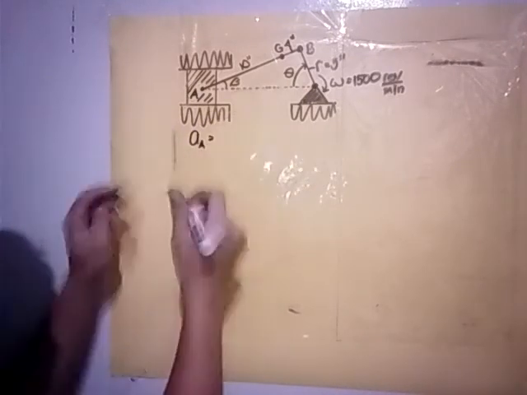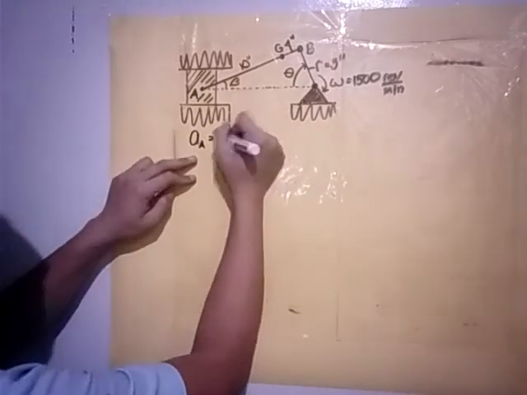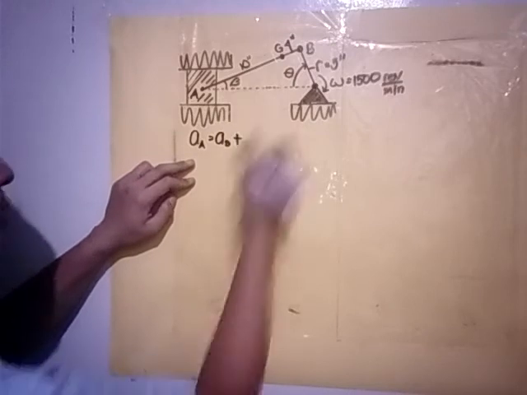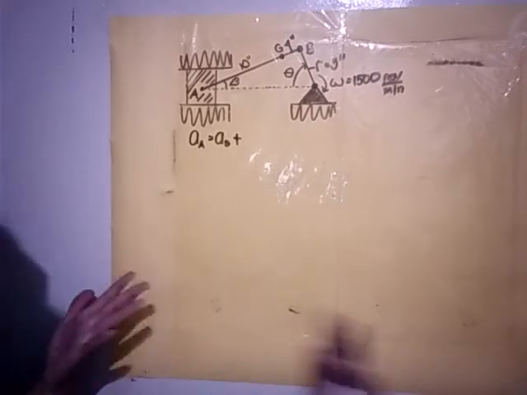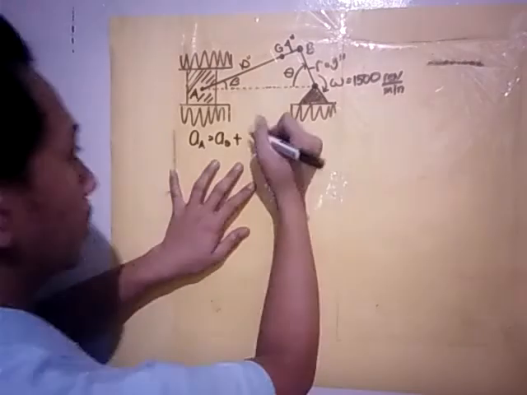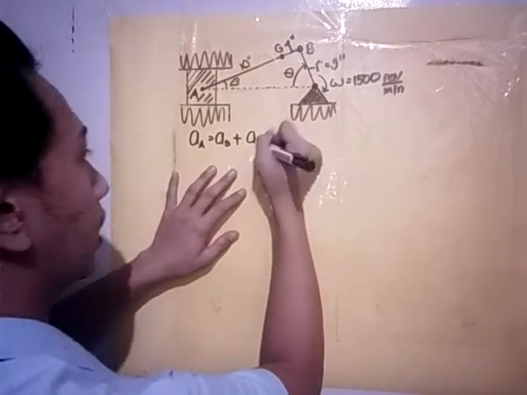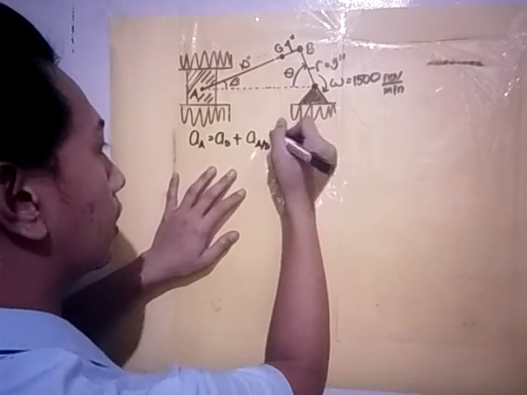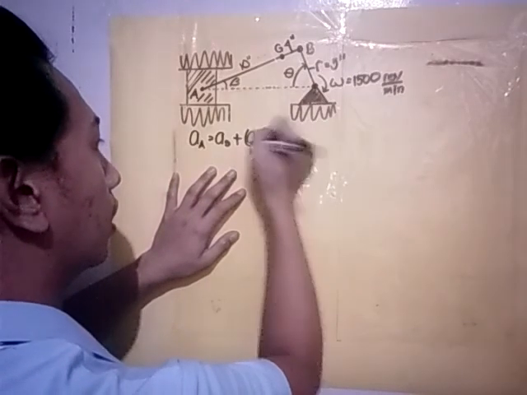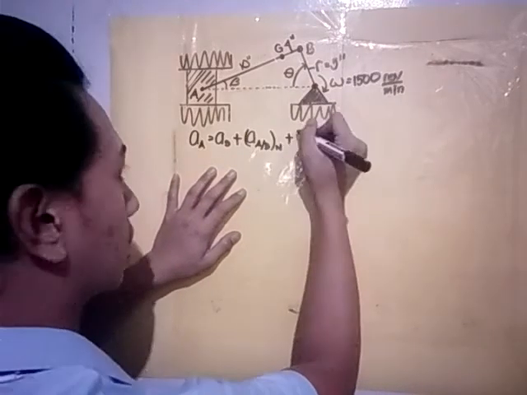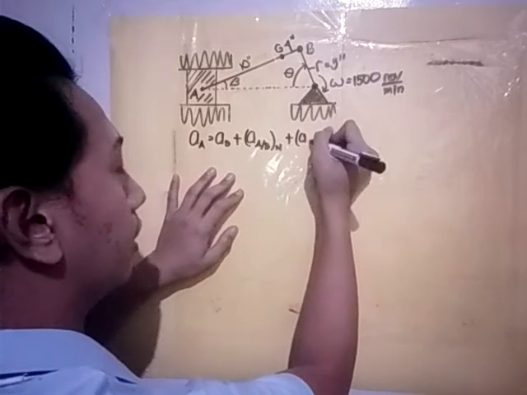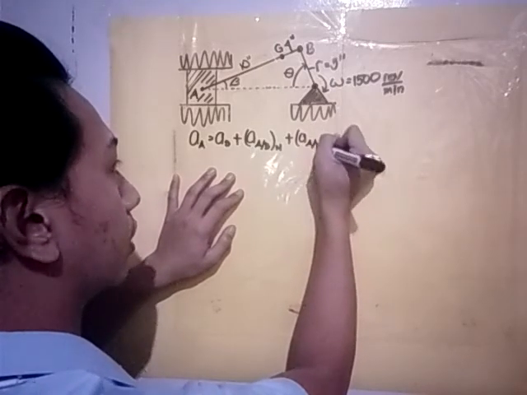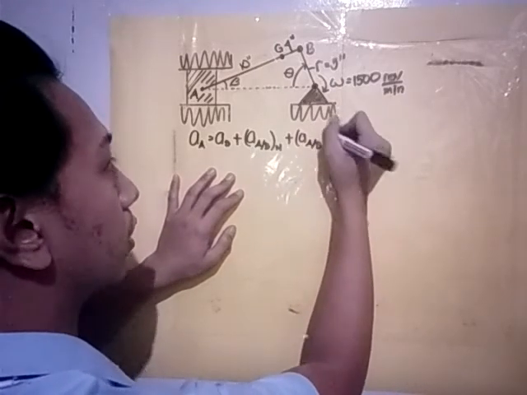Acceleration of A is equal to acceleration of B plus the acceleration of AB relative, which we can separate: acceleration of A to B relative normal, and the other one is tangent, acceleration of A to B relative tangent.